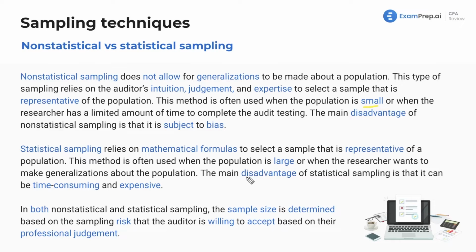But generally speaking, this is a disadvantage of it. In both these cases, the sample size is determined based on the sampling risk the auditor is willing to accept, based on their professional judgment. All these lessons tie in with each other. This is for sure tying into our audit risk formula and your detection risk, control risk, and inherent risk.